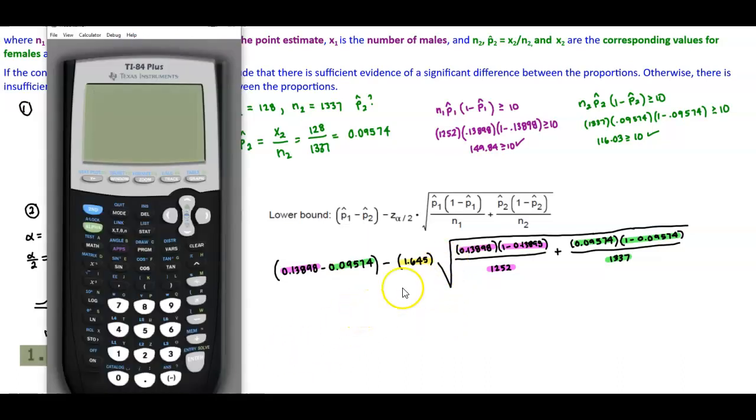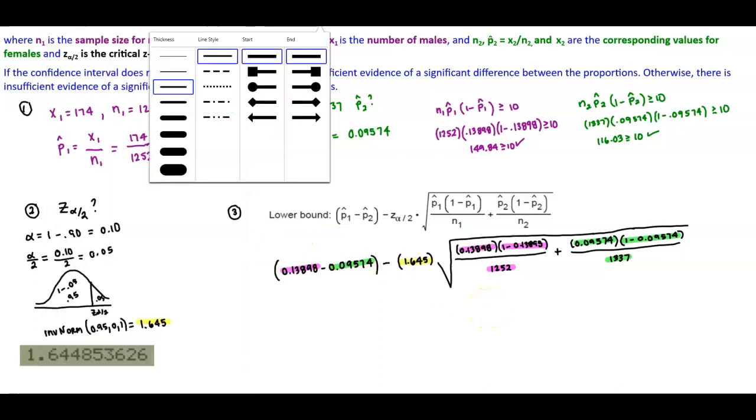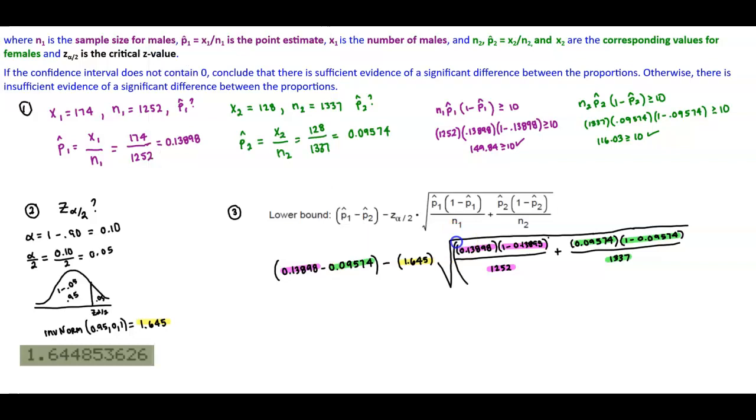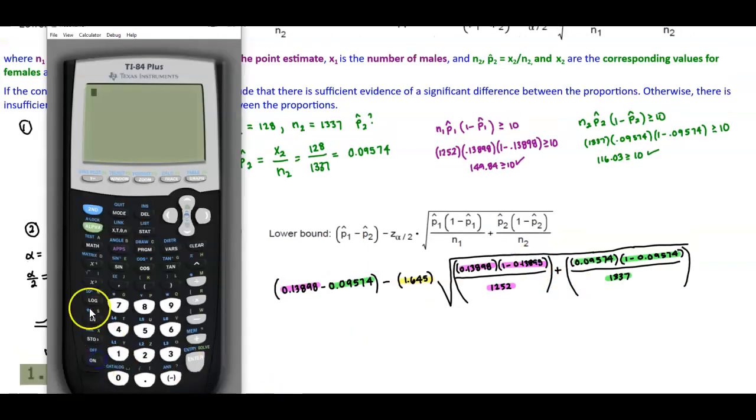We're going to go in order of operations. We take first the square root, so we put this in parentheses and then this in parentheses, add them together, and then take the square root. So we have the square root of parentheses, and in the numerator, parentheses 0.13898 times 1 minus 0.13898, divided by the sample size of 1252, close the parentheses.